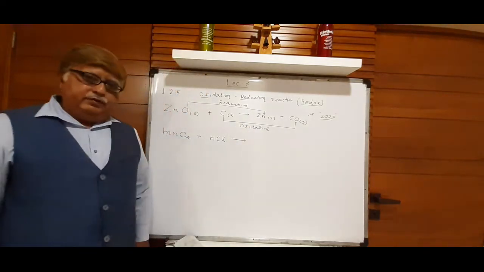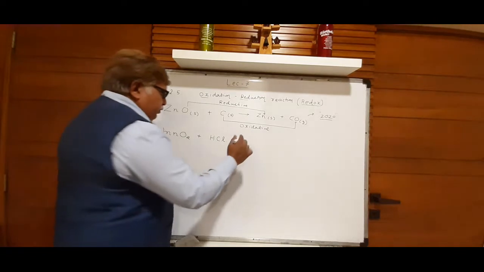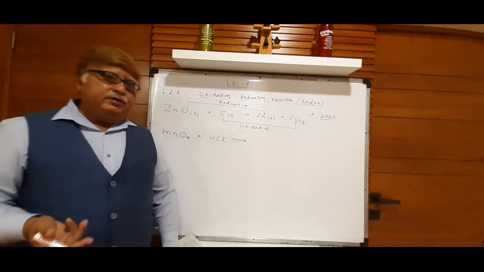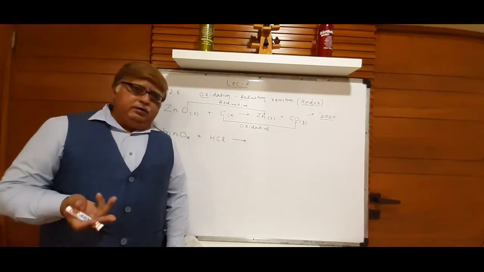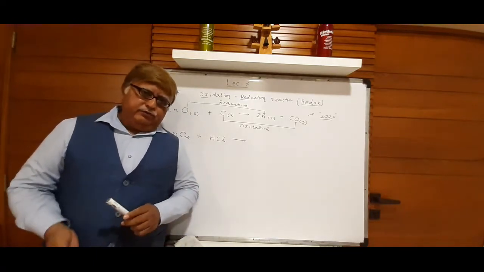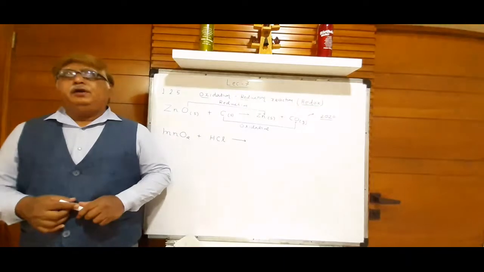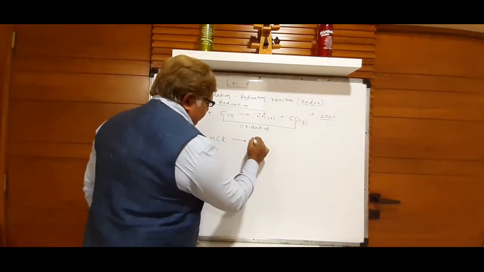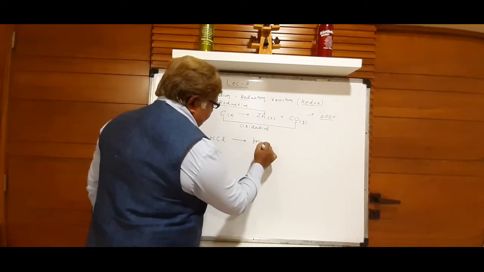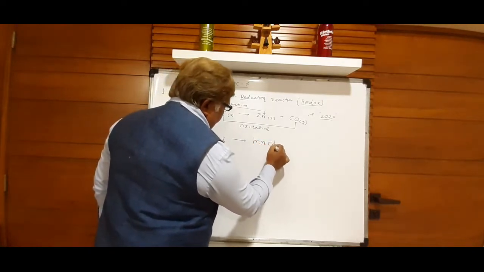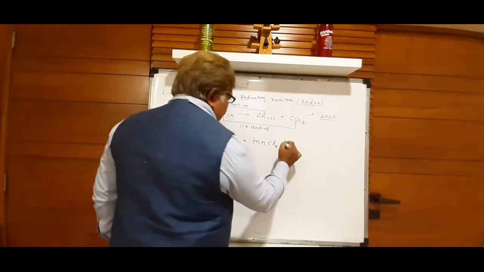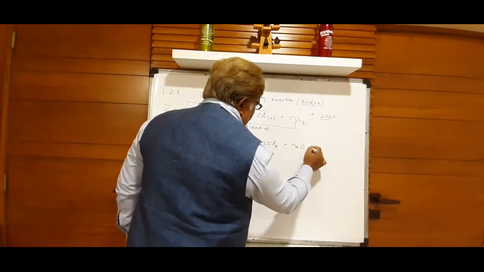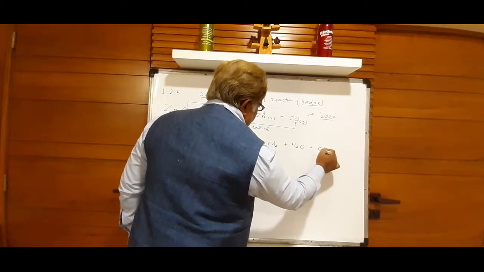When they react with each other, they form products like, if you can remember, we have discussed in lecture 3 or 4, they react with each other and form the product manganese chloride plus H2O plus Cl2.